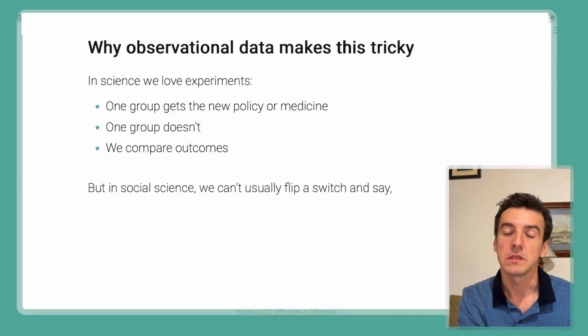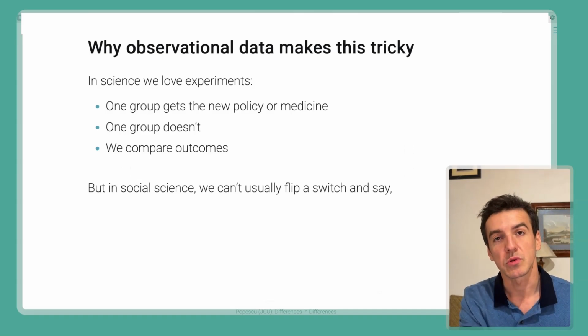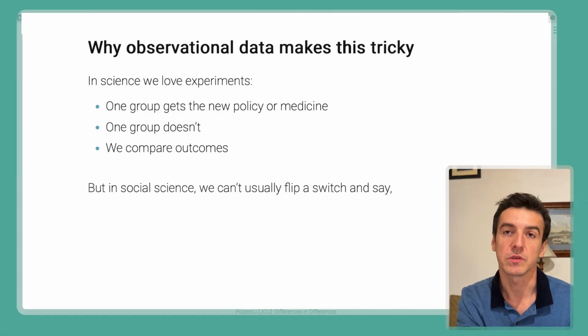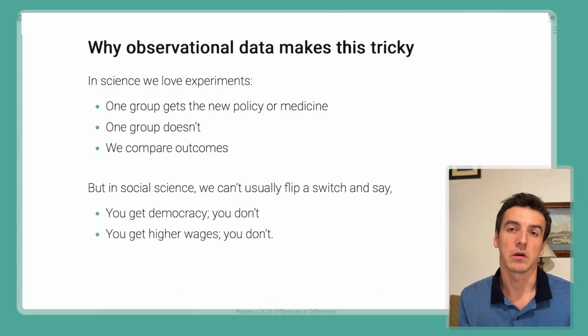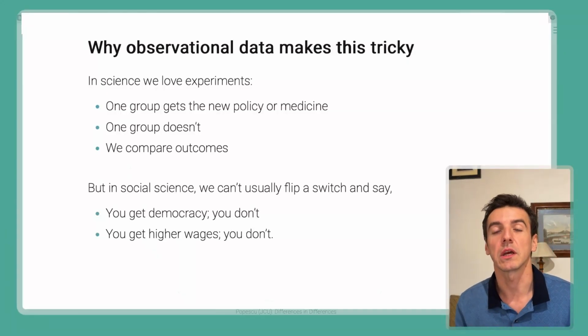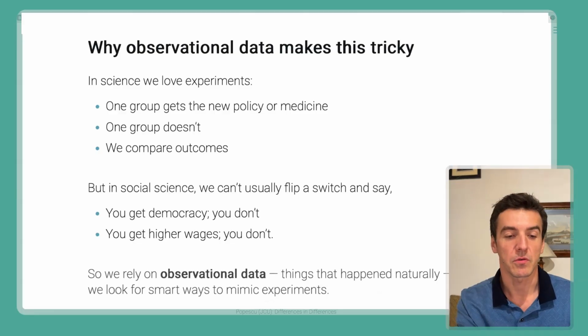The problem is that in social sciences, we cannot really measure social science problems using the same principles of treatment and control group. So we cannot really switch a button and say these countries get democracy, these countries do not get democracy, so we can evaluate the effect of democracy.